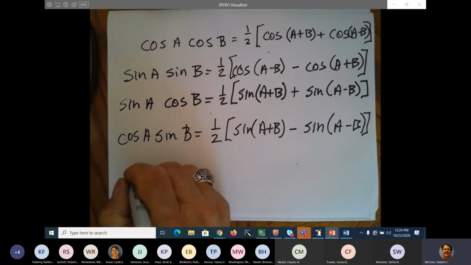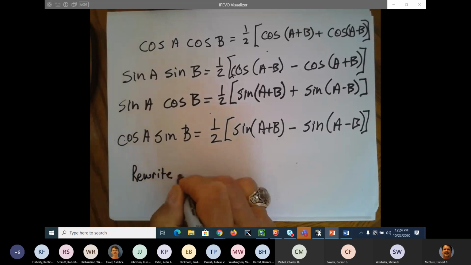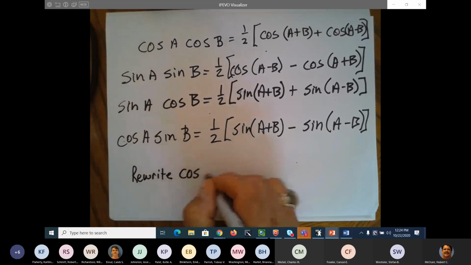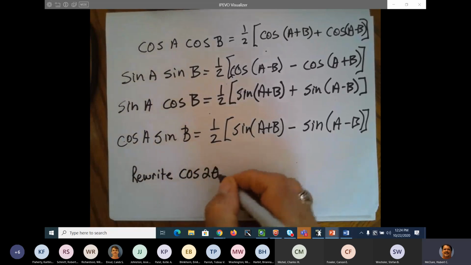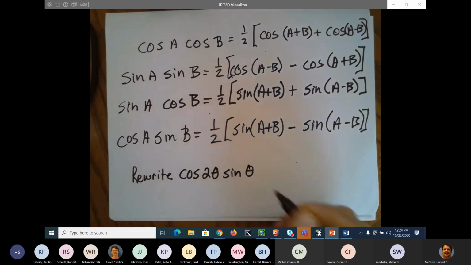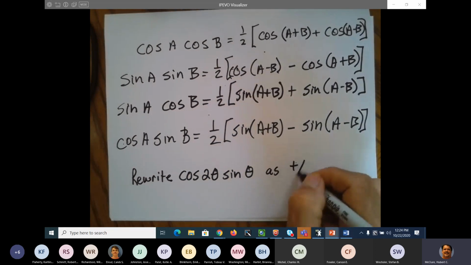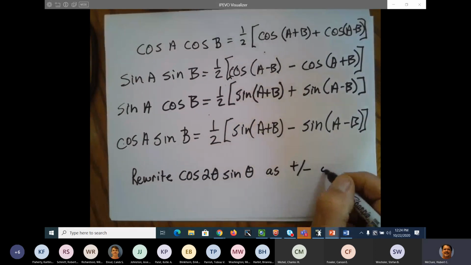Rewrite cosine of 2 theta sine theta as either the sum or difference of 2 functions.